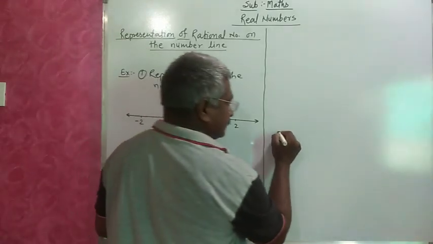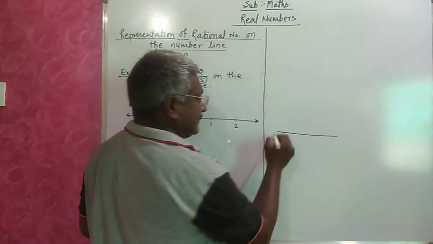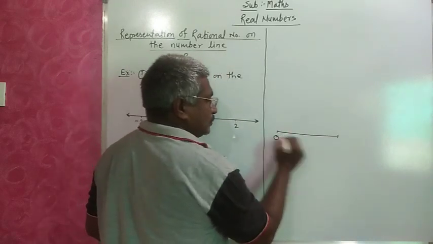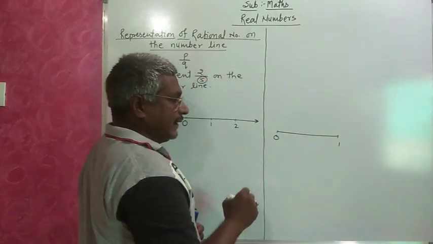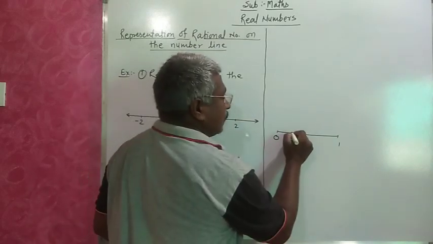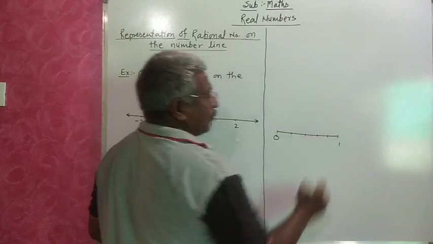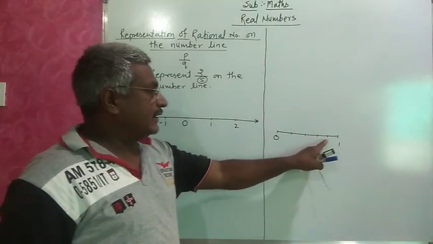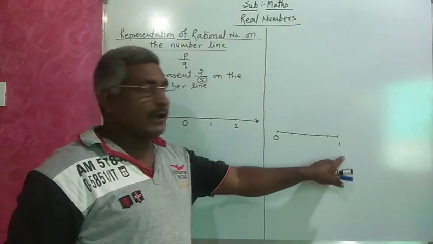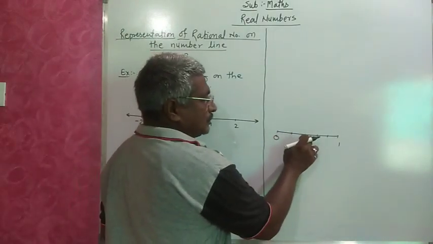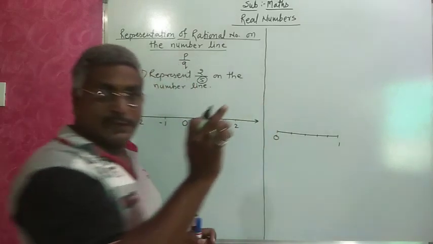See here, this is the line. If between 0 and 1 I make 4 lines, 1, 2, 3, 4, we get 5 equal parts: 1, 2, 3, 4, 5.